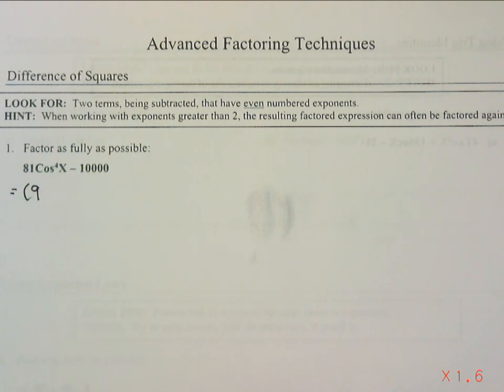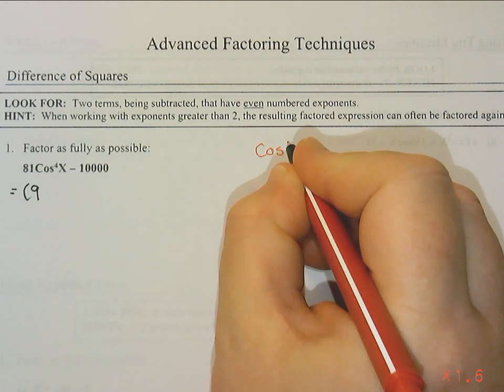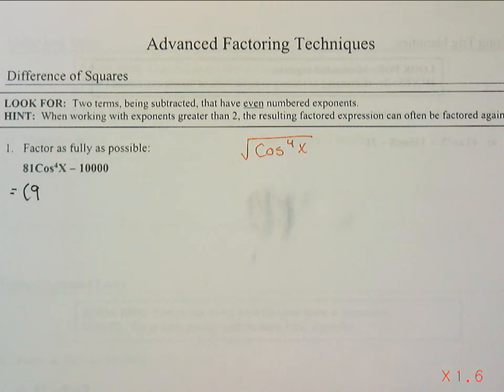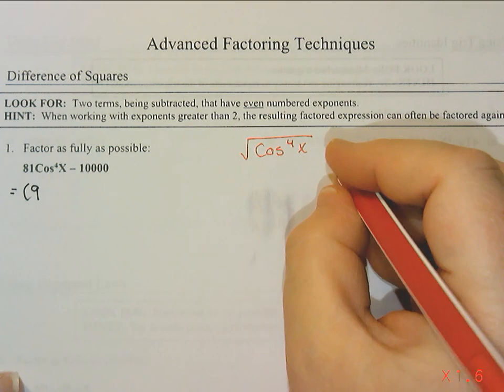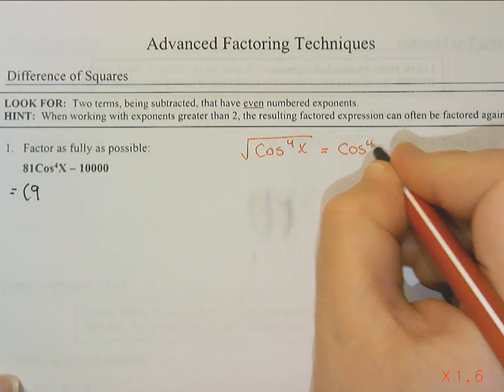And then the square root of cosine to the 4x. Anytime I square root something, that square root is the same thing as doing a power of a half, right? We were doing that in our first unit.